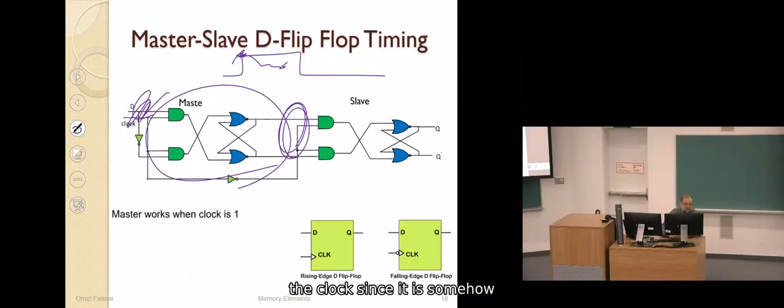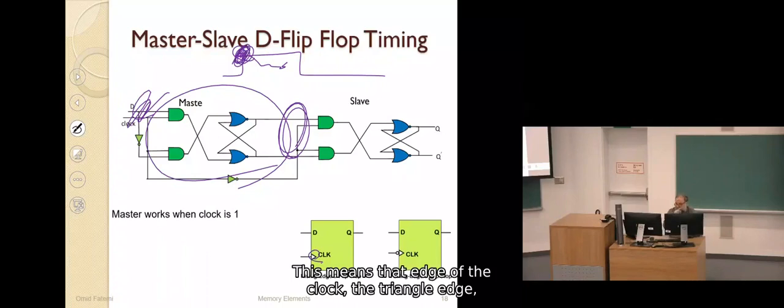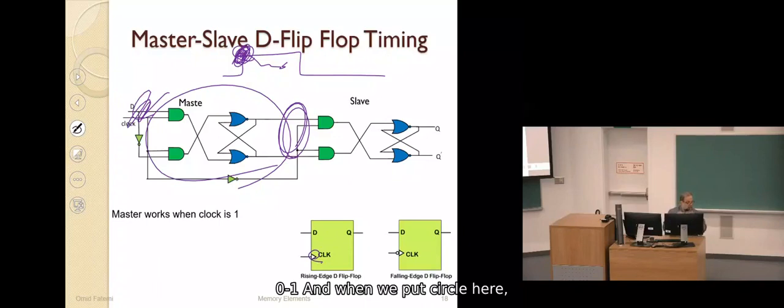Since it is working when the clock goes from 0 to 1, we can put the triangle here. This means the edge of the clock. It works with a transition from 0 to 1.